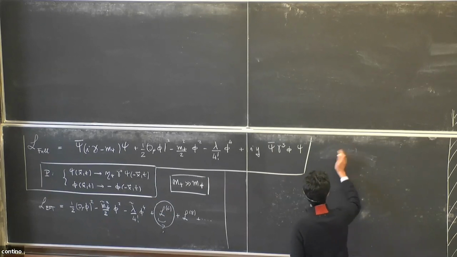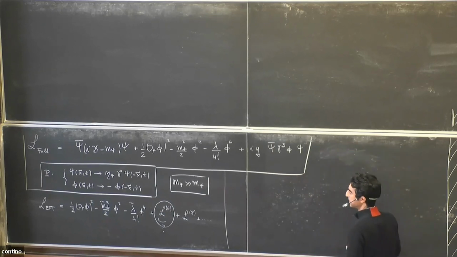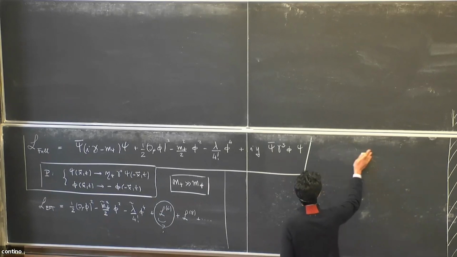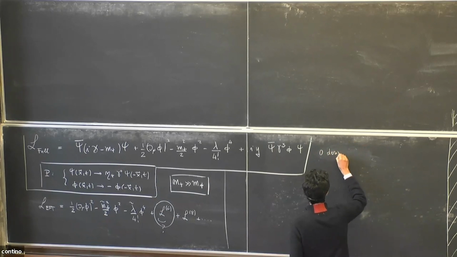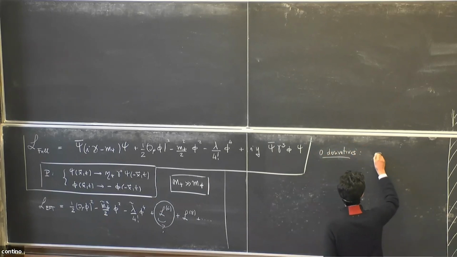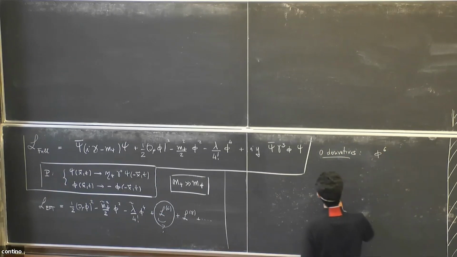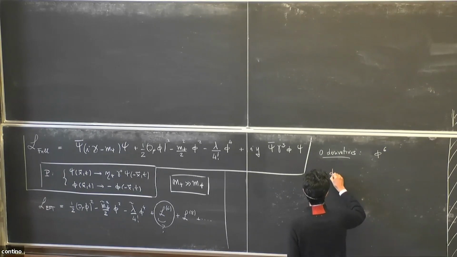Actually, let's organize the operators according to the number of derivatives. This is the correct thing to do. So with 0 derivatives, obviously there is only phi to the 6th. One derivative is not Lorentz invariant, so 2 derivatives.